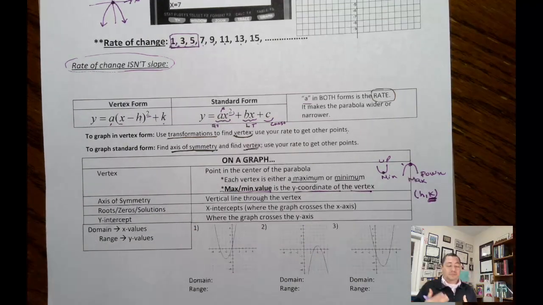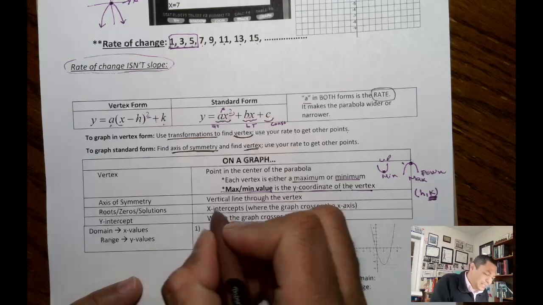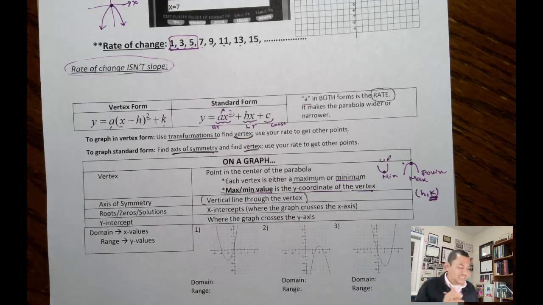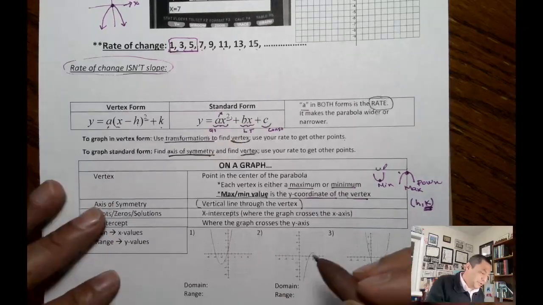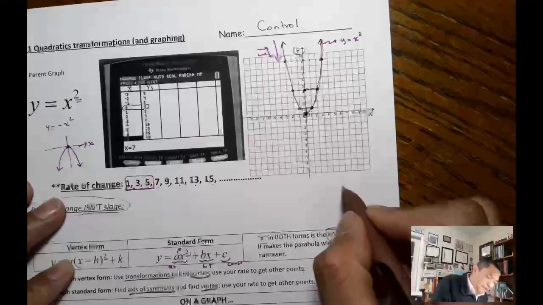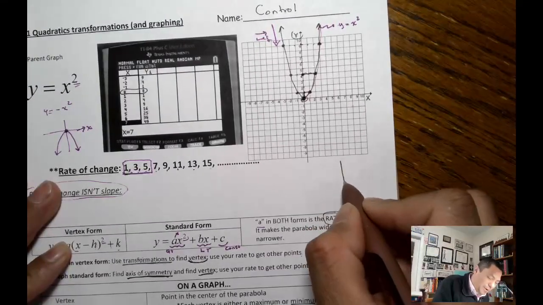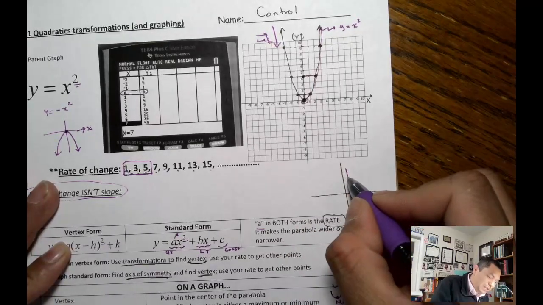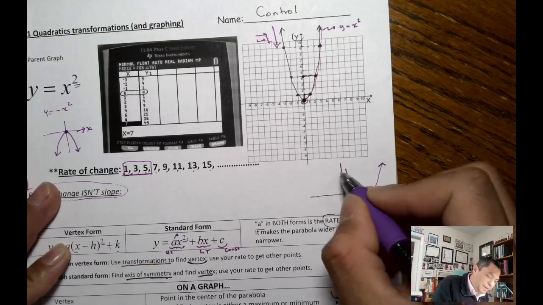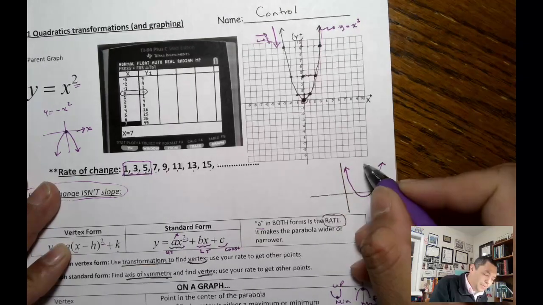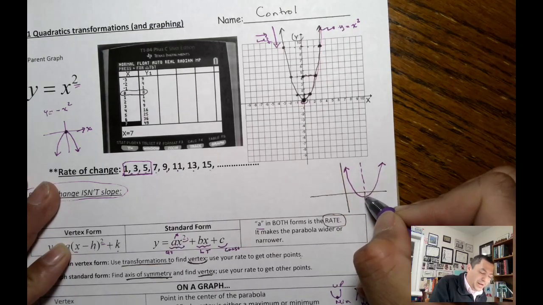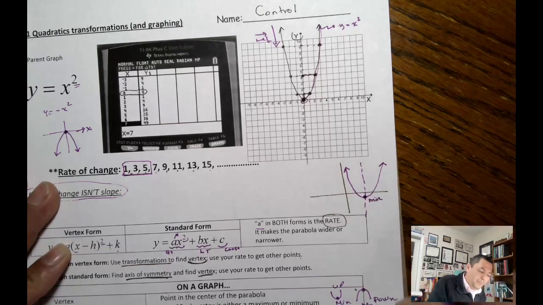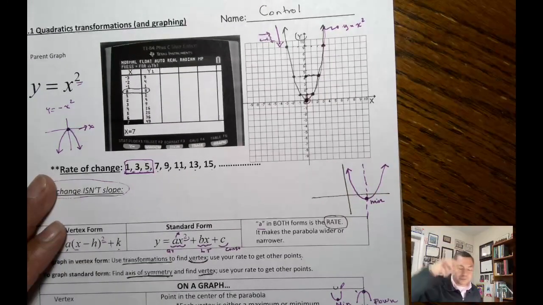What is the axis of symmetry? It is the vertical line through the vertex. For example, if I draw a parabola here and it goes this way, we know we're going to have an imaginary line. This point is my minimum point, that's where the parabola turns.